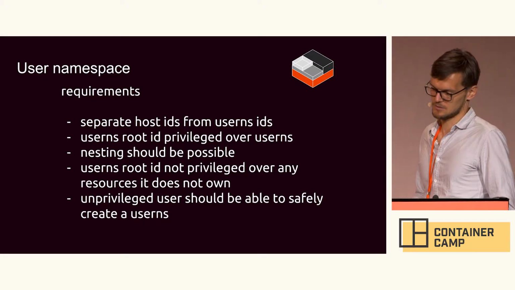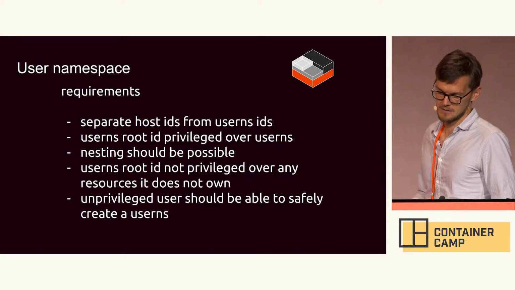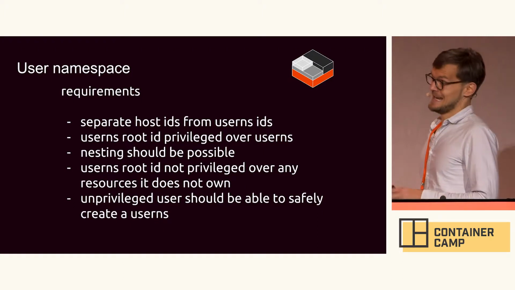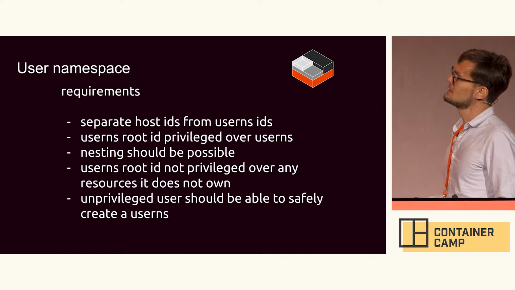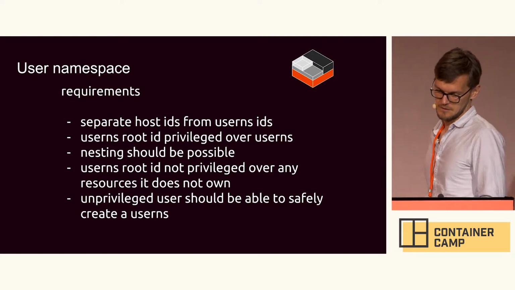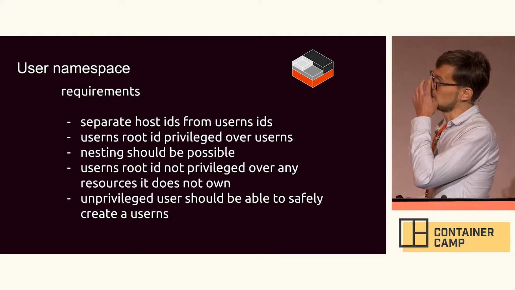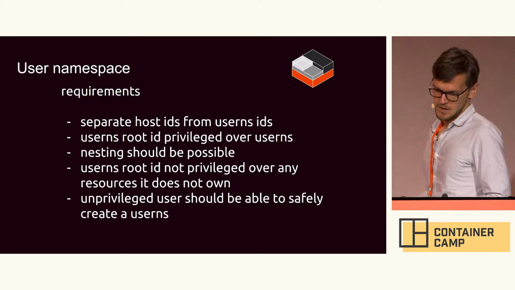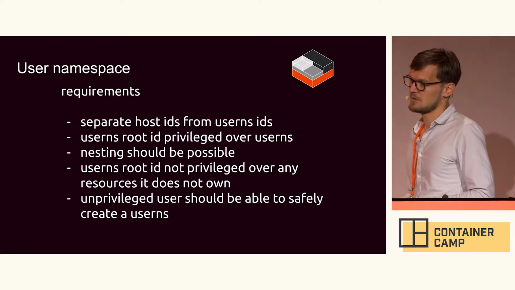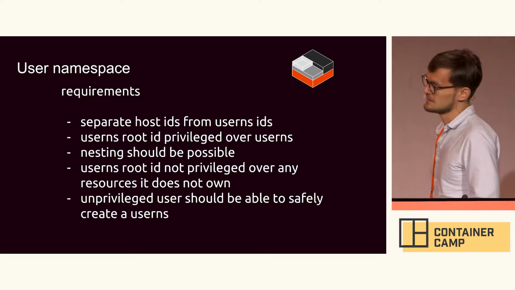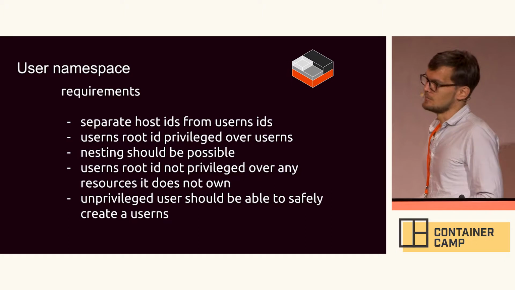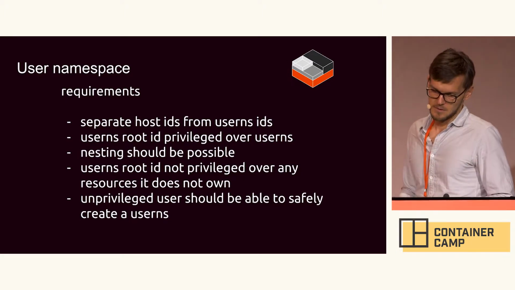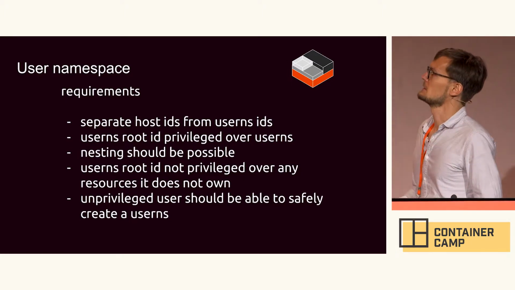That means you want to have the same privilege model that you have in the initial user namespace in a non-initial user namespace. That is, the syntax and semantics of UIDs and GIDs should be preserved in a non-initial user namespace. So for example, you want to carry over the concept of a root ID, so there should be a UID 0 inside a user namespace. And this way you can have structurally identical permission models, basically.